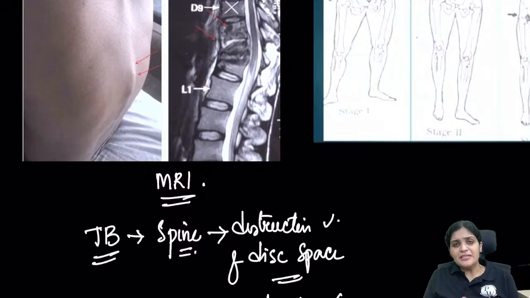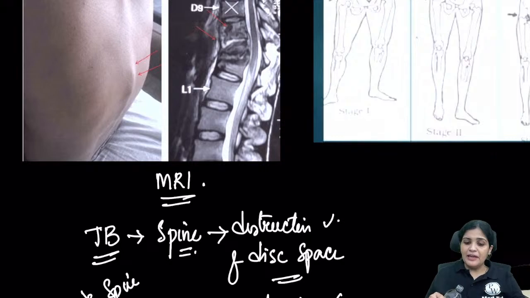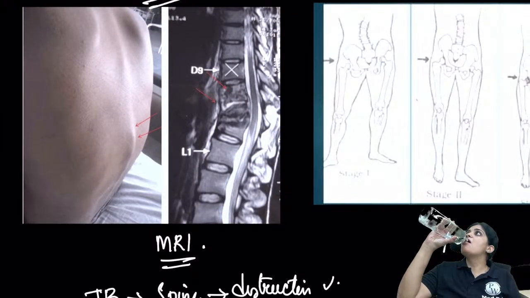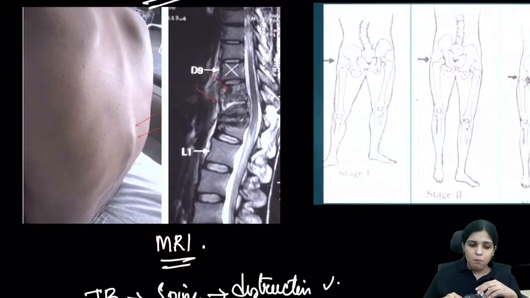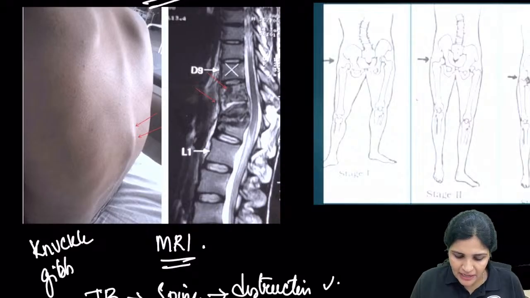Okay, what is TB spine called? It is called the Koch spine, right? Very good. Yes, Koch spine. And what is this? Knuckle, gibbus. What is knuckle? What is gibbus? What is kyphosis?